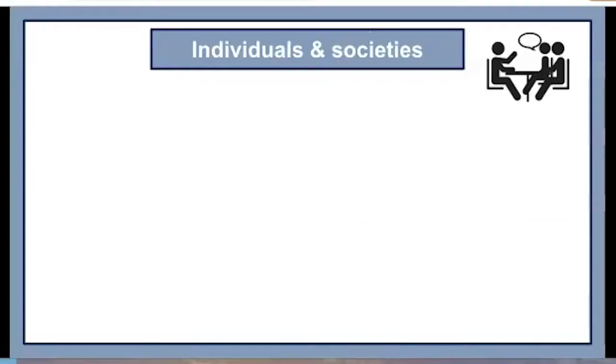So let's just take a quick look at some examples that, for instance, an individuals and societies subject group team might come up with. The list of conceptual ideas that describe a meaningful relationship between the concepts. So here are just a few that the subject team might come up with. For example, culture shapes identity.